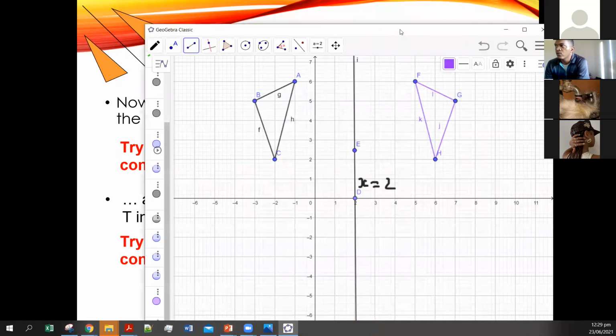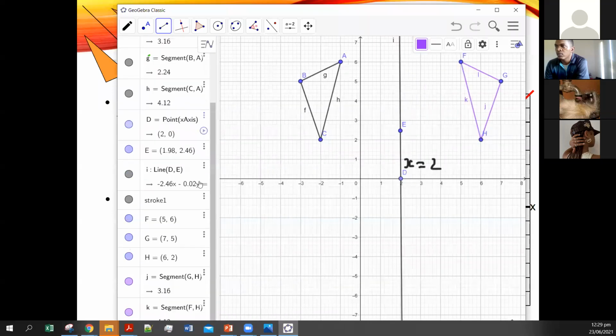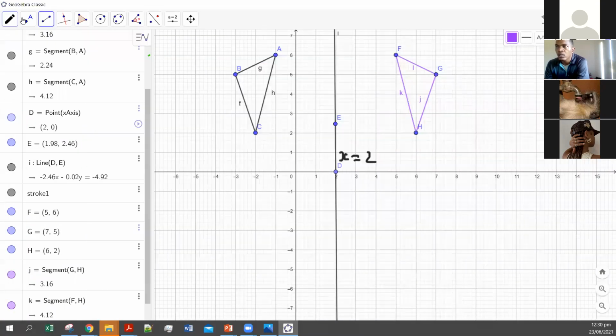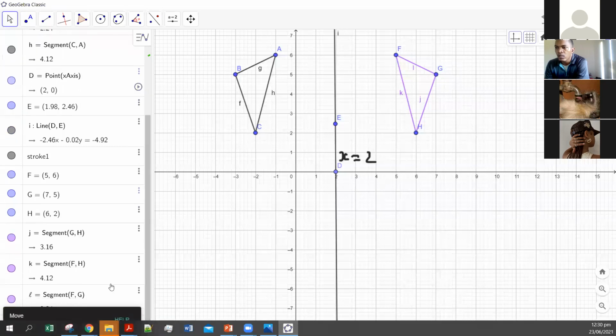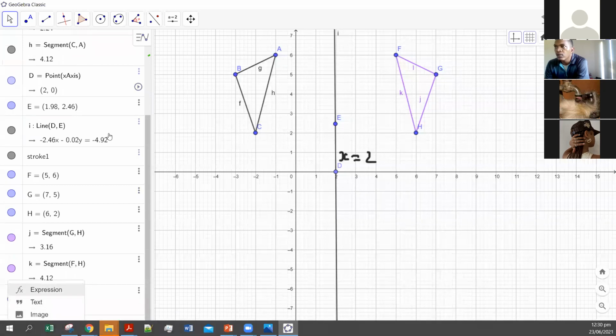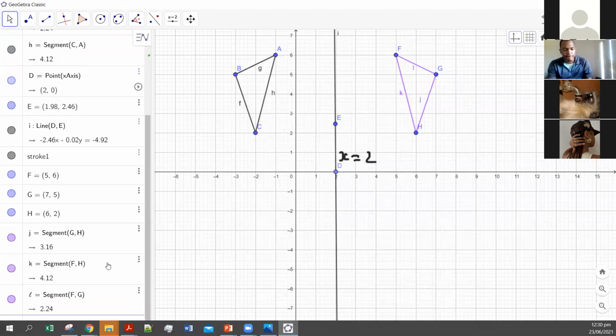Okay, so with x equals to y, in order for me to basically draw it in, that is the line that we have to reflect it on.